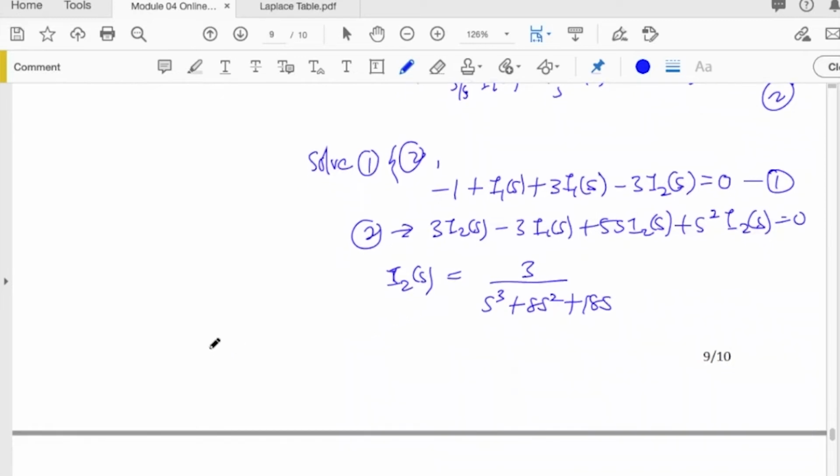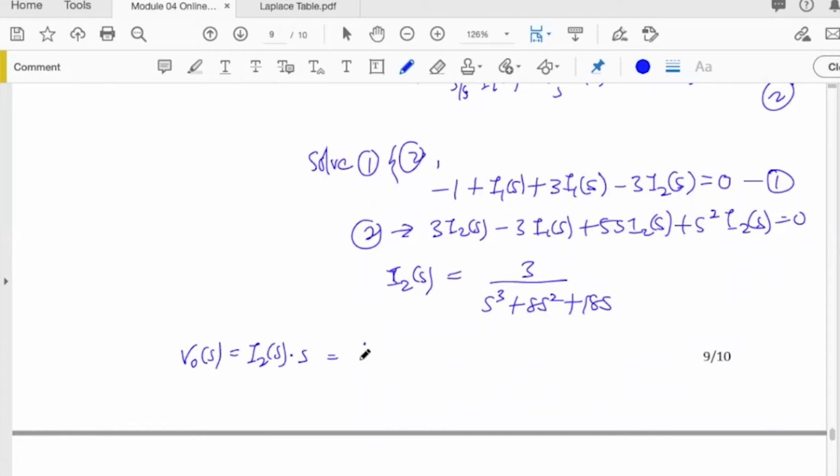Using Ohm's law, the voltage drop inside the inductor, V naught(s), is equal to the current I2(s) multiplied with the inductor value. In the s domain, the inductor value is s.